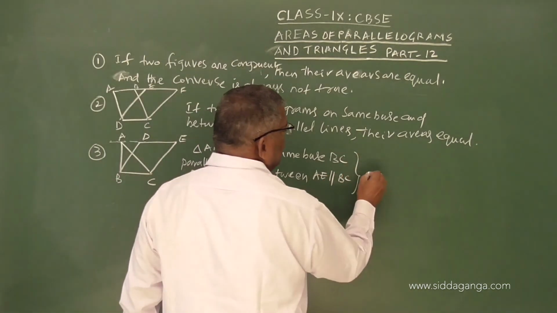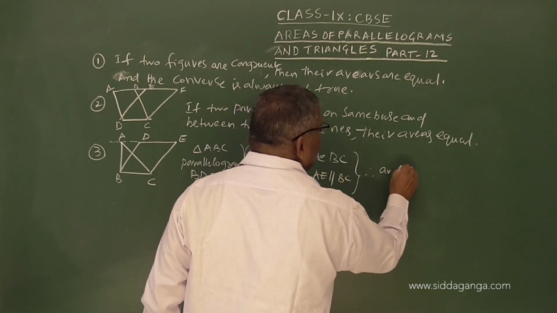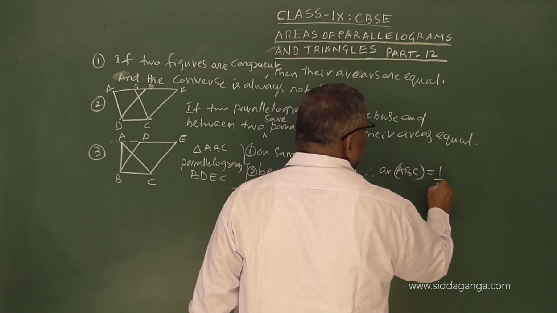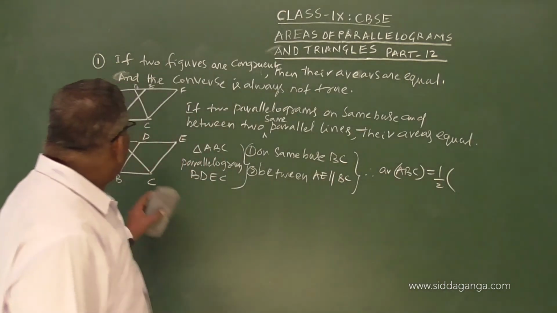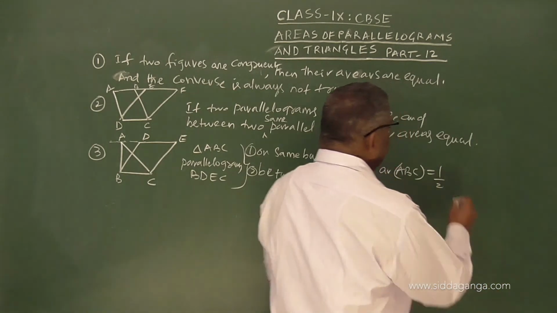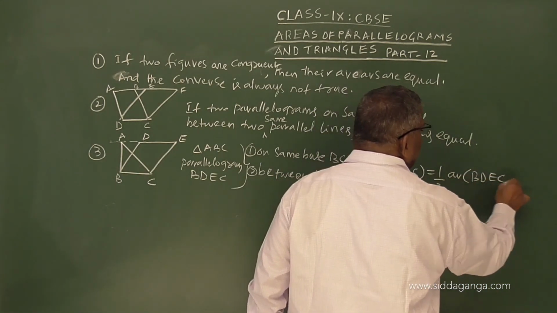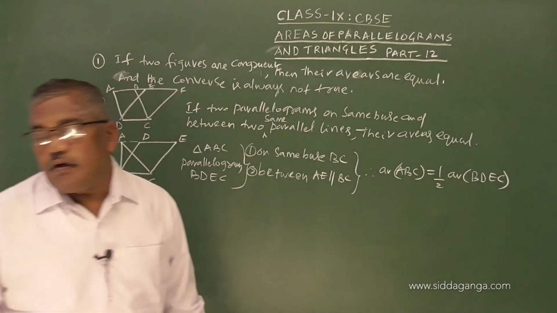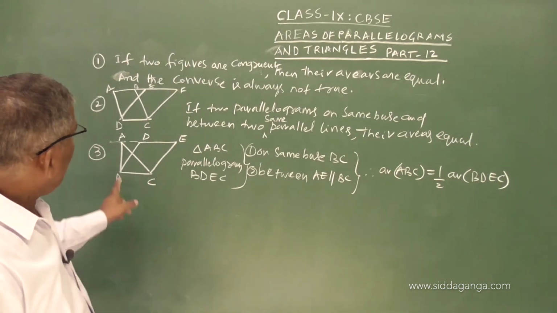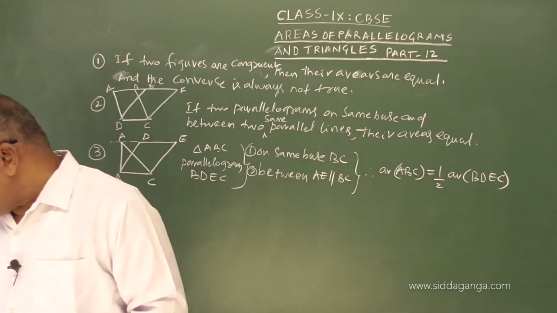Therefore, we have learnt that the area of triangle ABC is equal to half of the area of the parallelogram BDEC. And if two triangles are there, then the areas are equal.